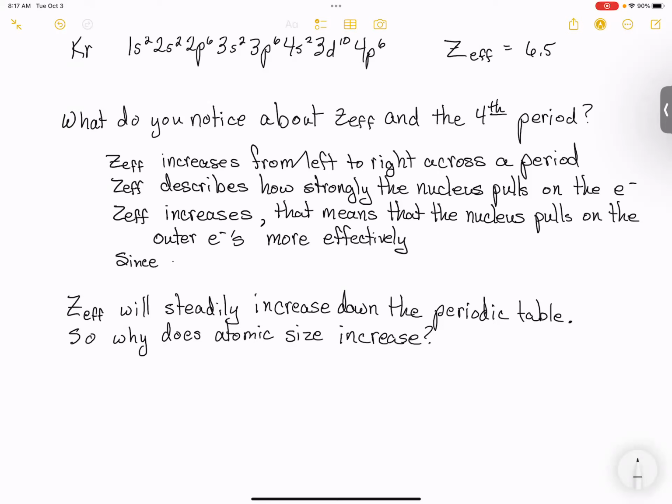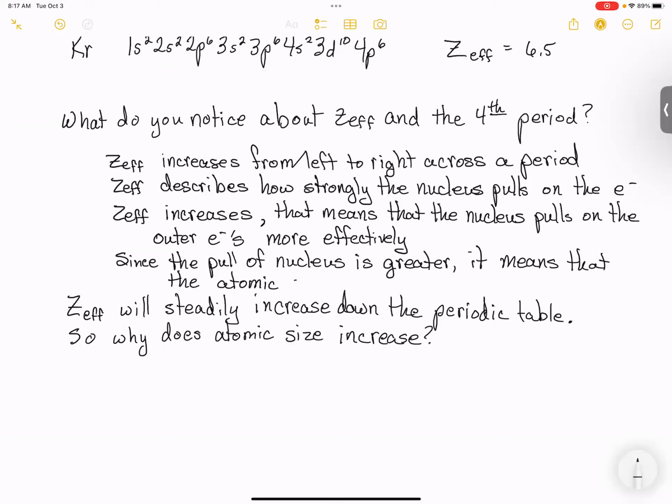Since the pull is greater, it means that the atomic size is smaller from left to right across the period.